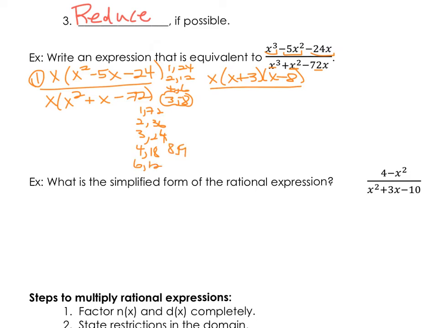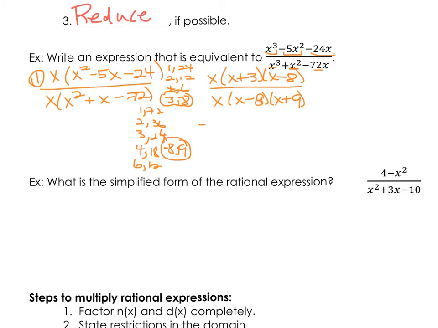Wow, that's a lot of pairs that go into 72. Can you think of a pair that we could multiply to get negative 72 and add to get positive 1? If we use negative 8 and positive 9, we could make that happen. Therefore, the denominator will factor into x times x minus 8 times x plus 9. That's step 1. There we go. That's factored completely.